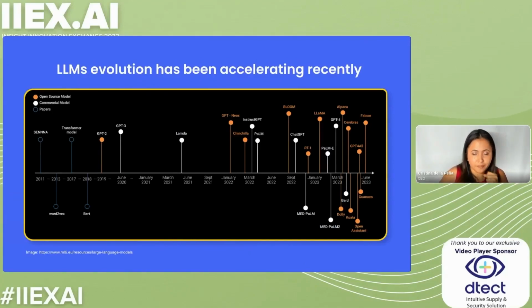Now, what's happening with LLMs? As I mentioned, LLMs are right now the hot thing to talk about in terms of AI. But it's interesting to see how they've been evolving over the years. Here, for example, we see that they started to be created with the papers and everything around 2010, 2011. And it was a slow evolution during a few years, with a lot of experimentation and research. What's interesting is that what took decades started to take months.